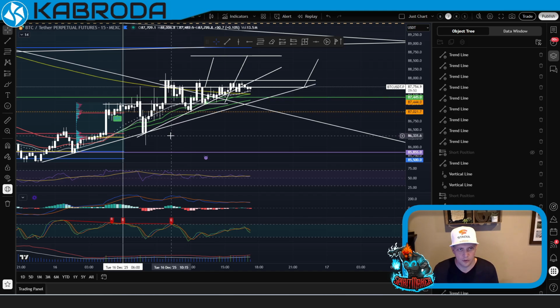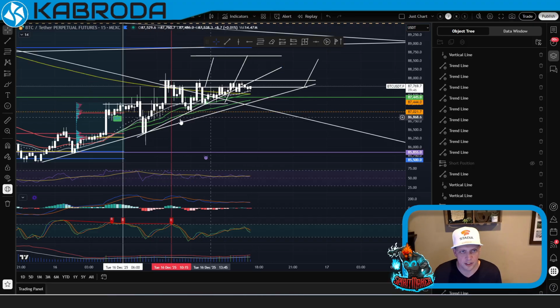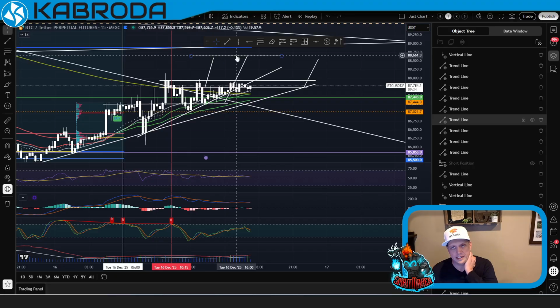So even though we were sitting in a bull flag, it's hard to get too excited to take this run up. That's where you see the area that we're looking for this to go up higher and push out, because we were getting above these areas. We expected it to go up to around that 88.6, 88.5 level.